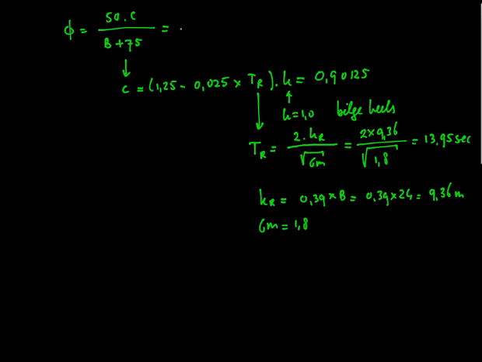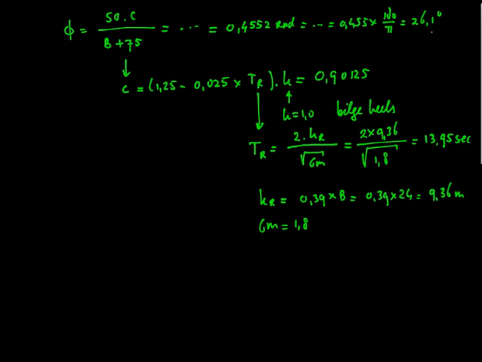Put it over here, you can do that yourself, and you get a maximum roll angle of 0.4552 radians, or if you multiply by 180 divided by pi, that gives you a 26.1 degrees roll angle. That's quite a roll angle.